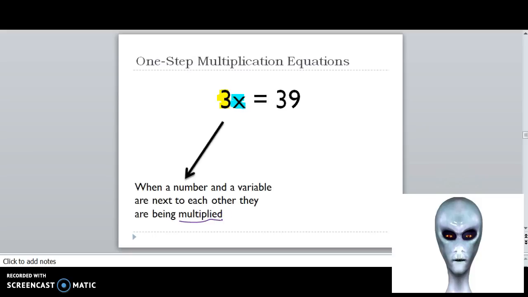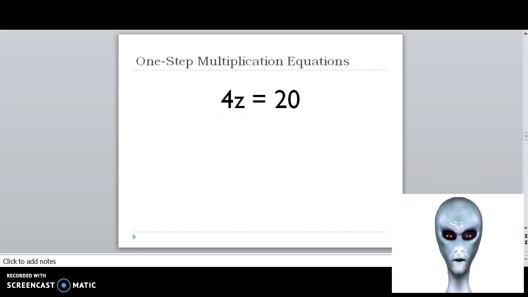The inverse operation of multiplication is division. So in order to solve for the unknown, we're going to divide both sides. 39 divided by 3 gives us x is equal to 13.